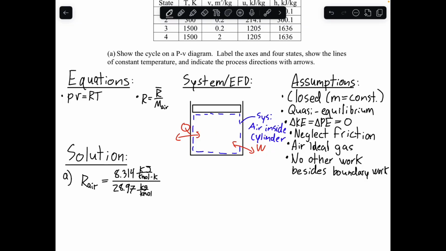So here, just the kilomoles will cancel, and then we'll get our answer of 0.287 kilojoules per kilogram Kelvin.